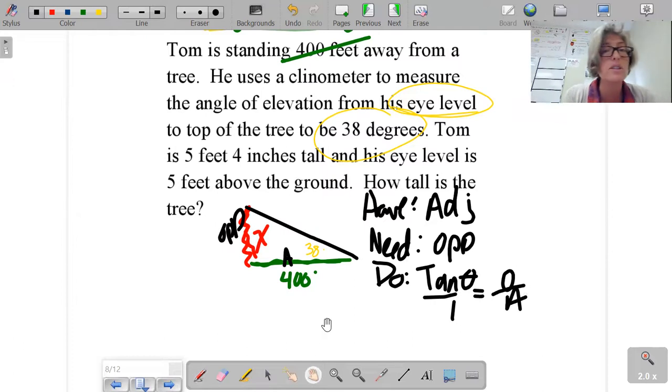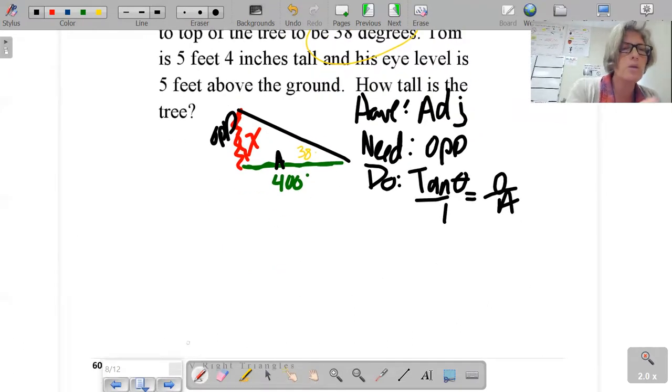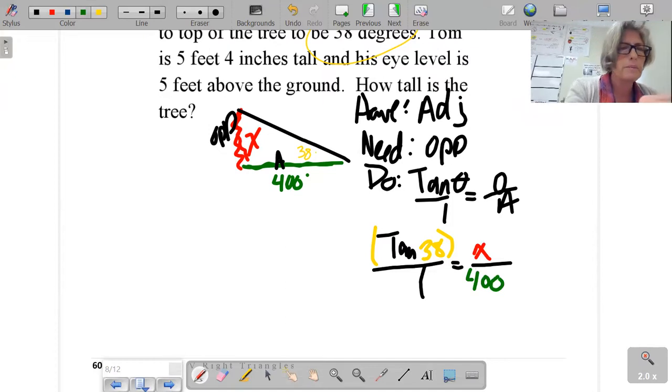Pay very close attention, friends. There's extra credit at stake. The tangent of 38 degrees over 1 equals our opposite, which is our x, over our adjacent, which is 400.